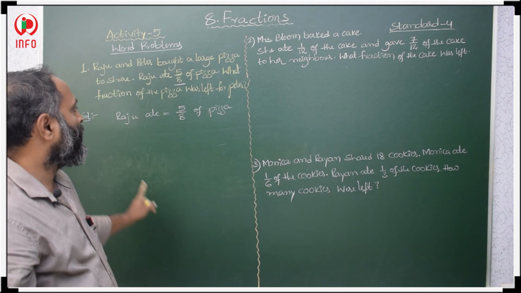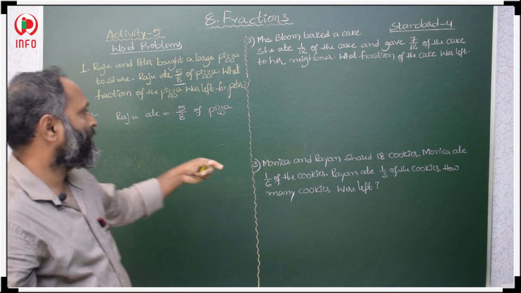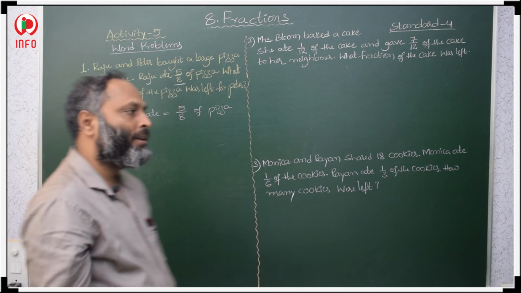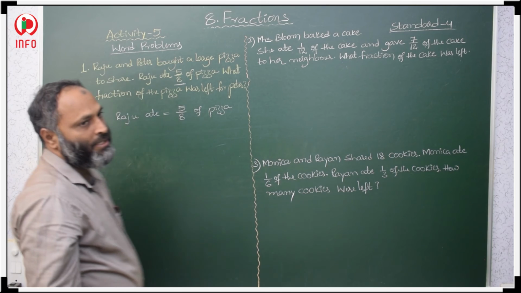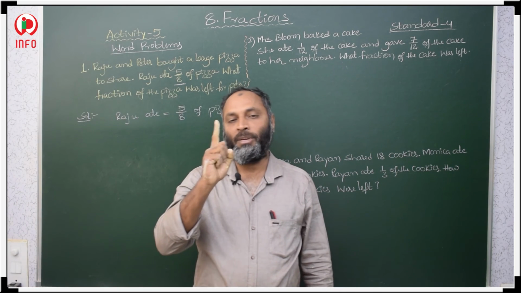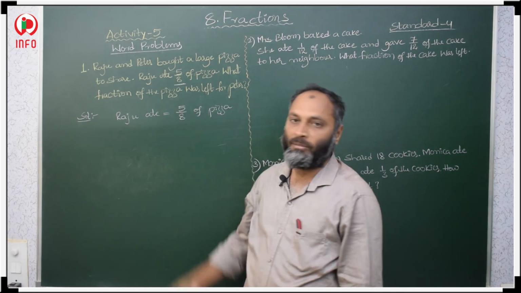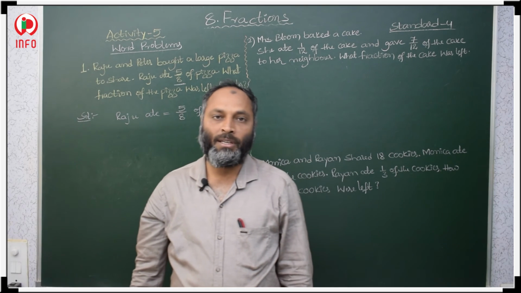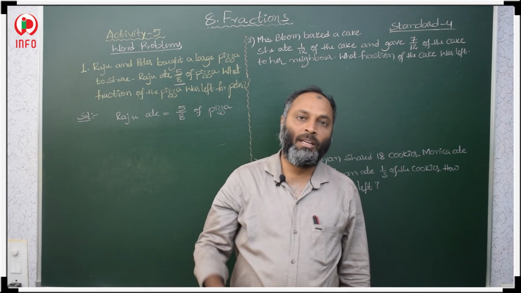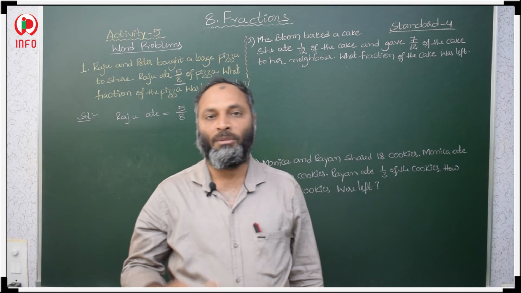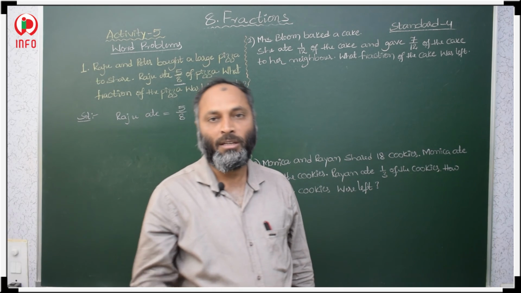Then what fraction of the pizza was left for Peter? So what we have to find? What fraction means in total one pizza, so we have to subtract this 5/8. Then whatever the difference will come, that much portion is left for Peter.